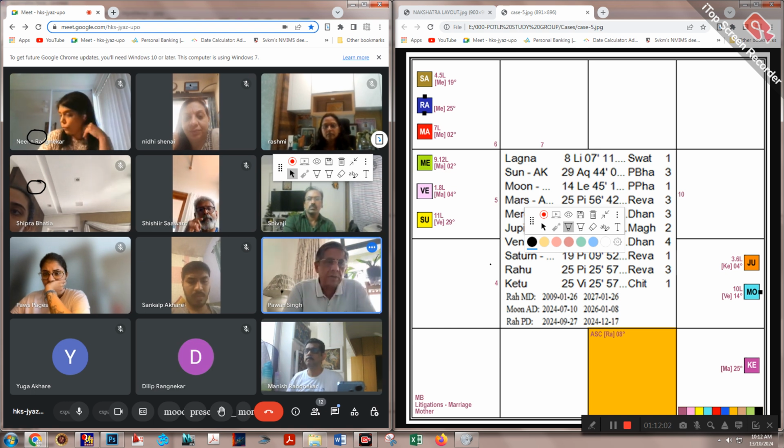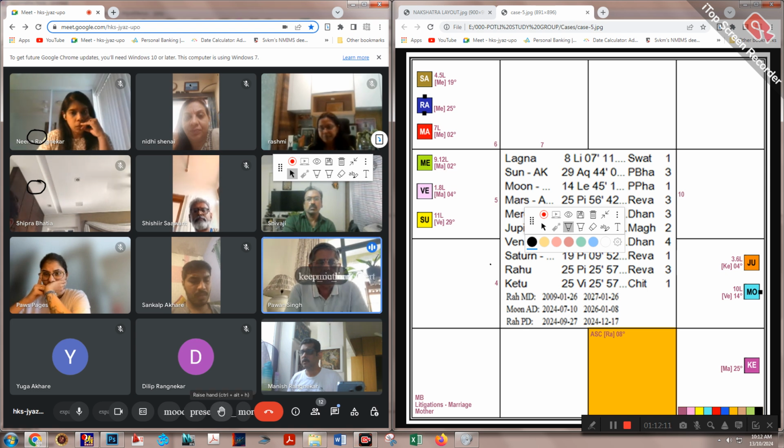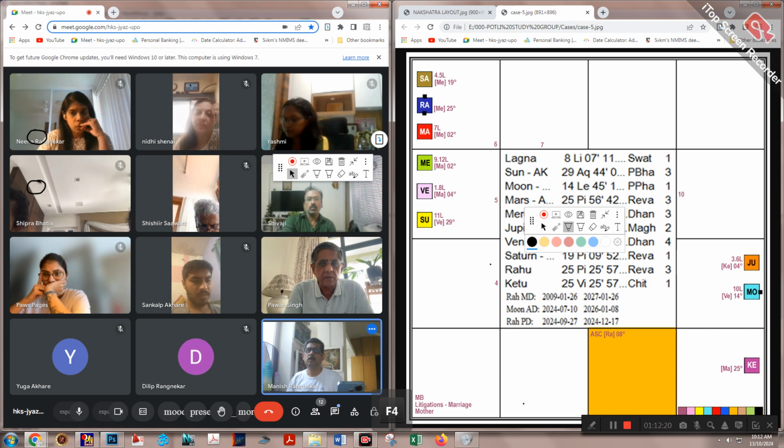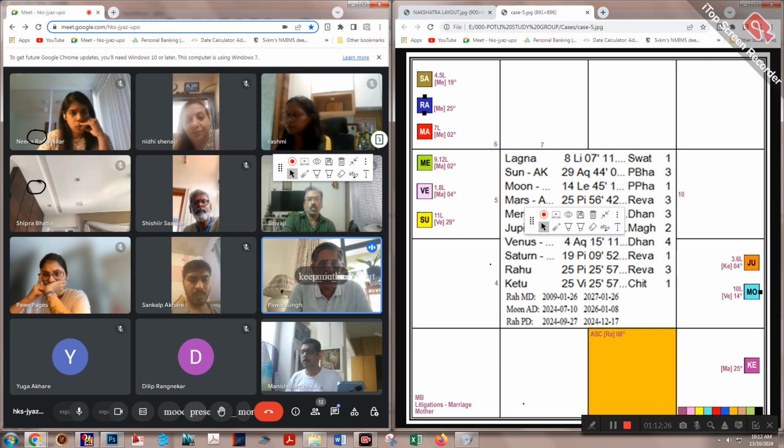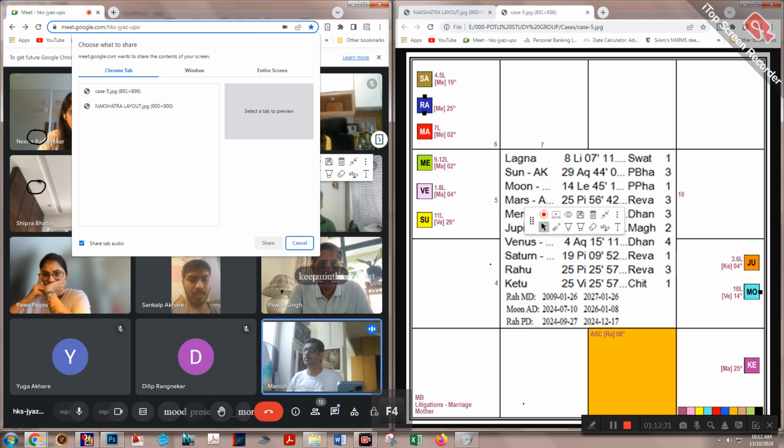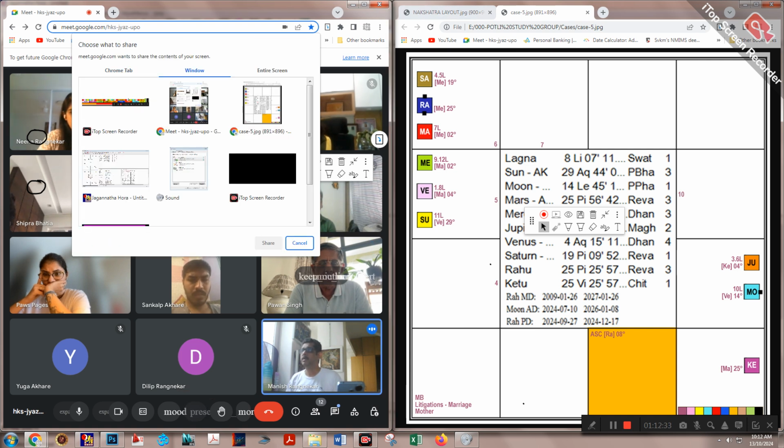Just go into your screen setting, Manish, and duplicate it. I think F4 is the command. Screen sharing. So when you do F4, if you're using the same computer for discussion and presentation, just hit F4, function 4. It will pop up a screen sharing. So just do duplicate on that. Nothing is happening with F4, but if I do screen share, then I have to share a window, right?